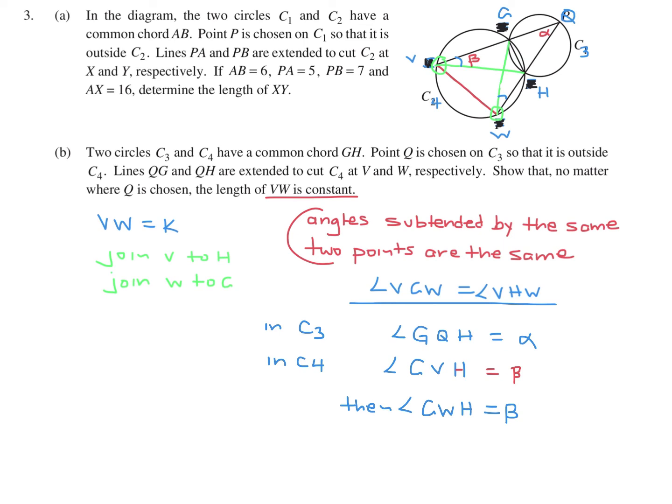We have GVH, which is there, subtended by G and H. And then we have GWH, which is also created by extending those two points, G and H. So therefore, GWH is also beta at that angle. Okay. Now we are down to our final stage of the question. A lot of setup in this question. You have to set up all these things in order to prove.